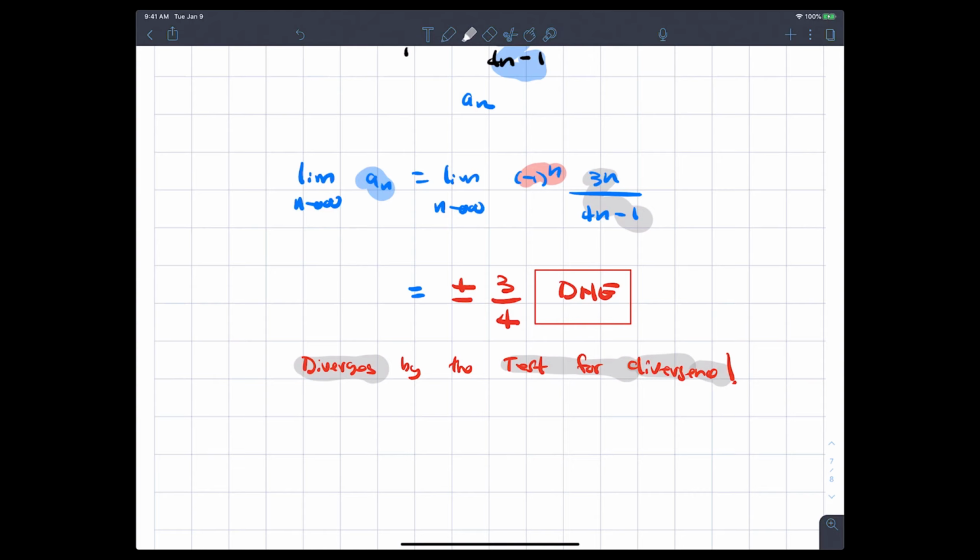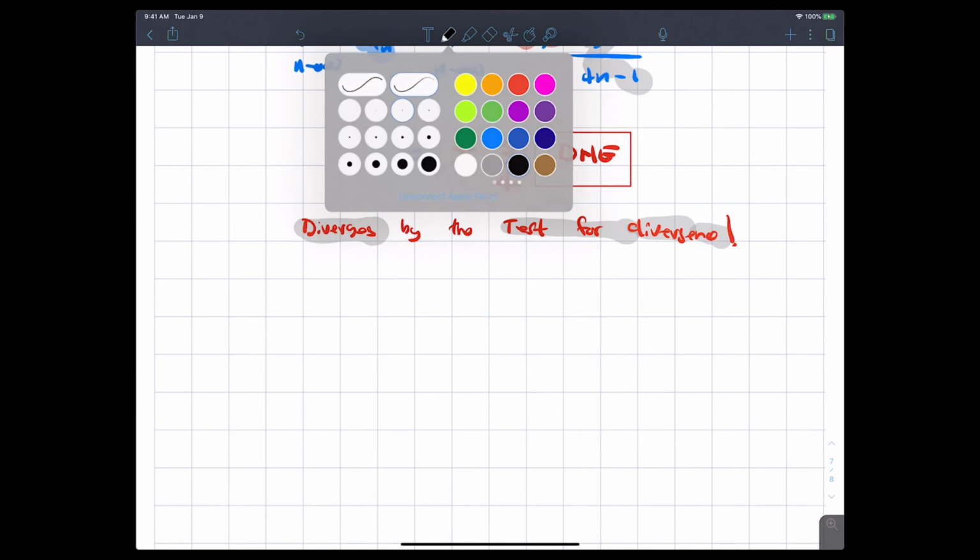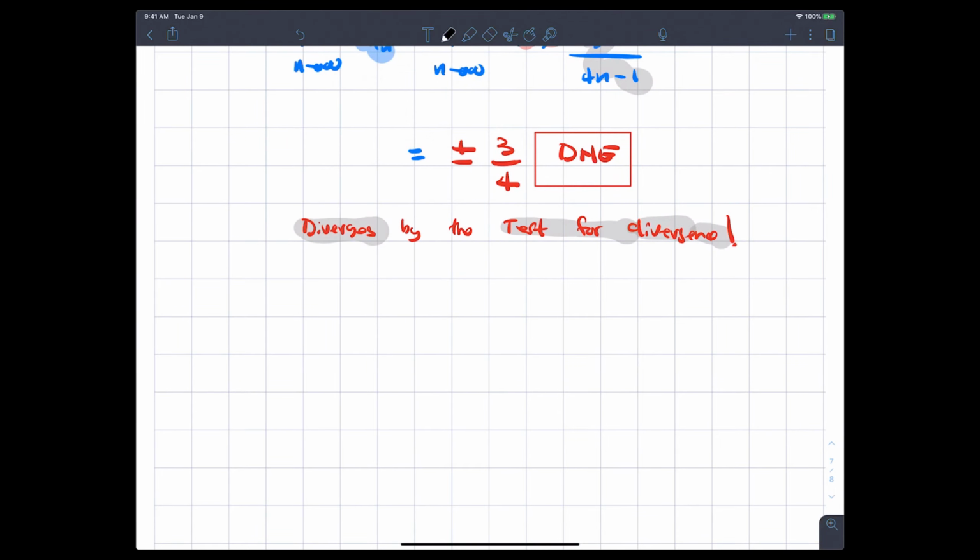In other words, if you're using the alternating series test and you show convergence, that's what you say. Converges by the alternating series test. Converges by the limit comparison test, right? Well, this thing diverges by the test for divergence, which really means you have to remember that test, right? And you say, well, what was the test? You have to recall that, because that was a big deal. If the limit of an, remember those things?